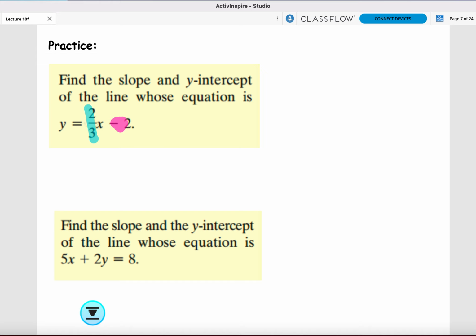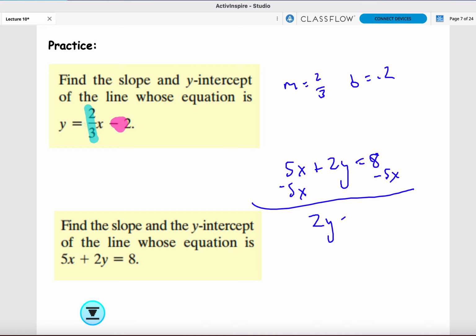There you go. So we know m equals 2/3 and b equals negative 2. Here we want to get y by itself, so it'll be 5x plus 2y equals 8. Subtract both sides by 5x. Then we get 2y equals negative 5x plus 8. Gotta get y by itself, divide both sides by 2.